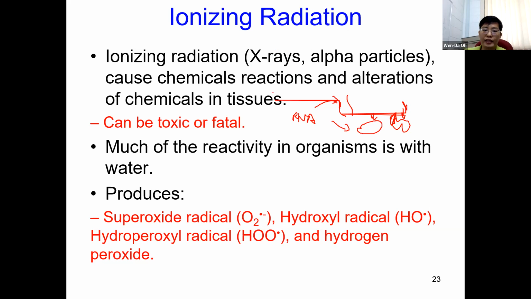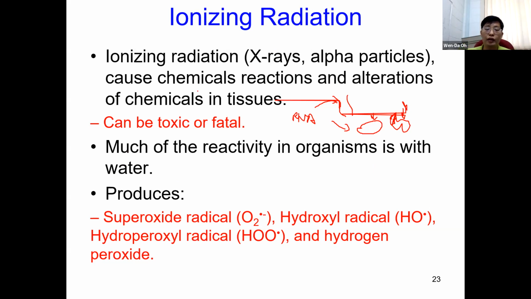Most of the reactivity in the organism is in water. Our cell consists of a lot of water, right? Because of this, it is a suitable platform for certain reactions to happen, and for the creation of radicals.